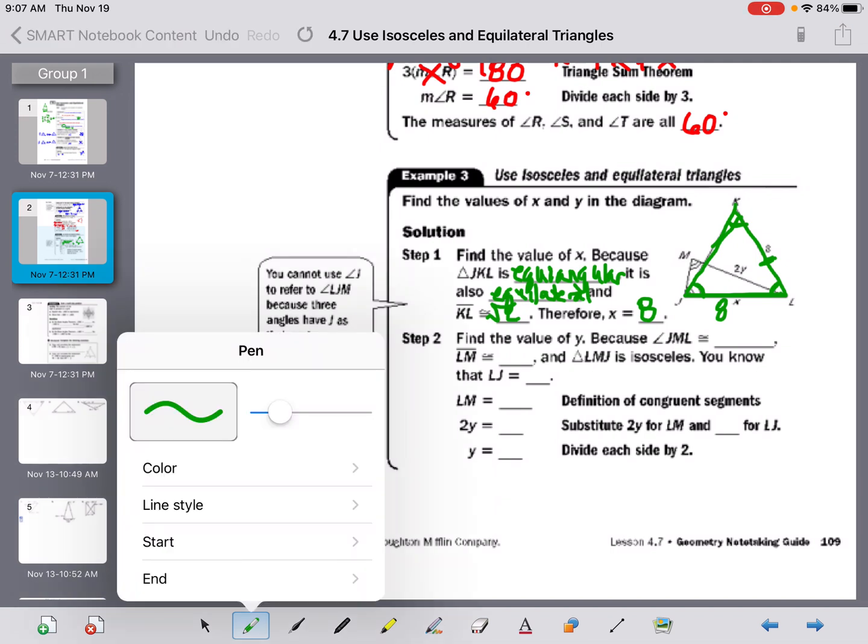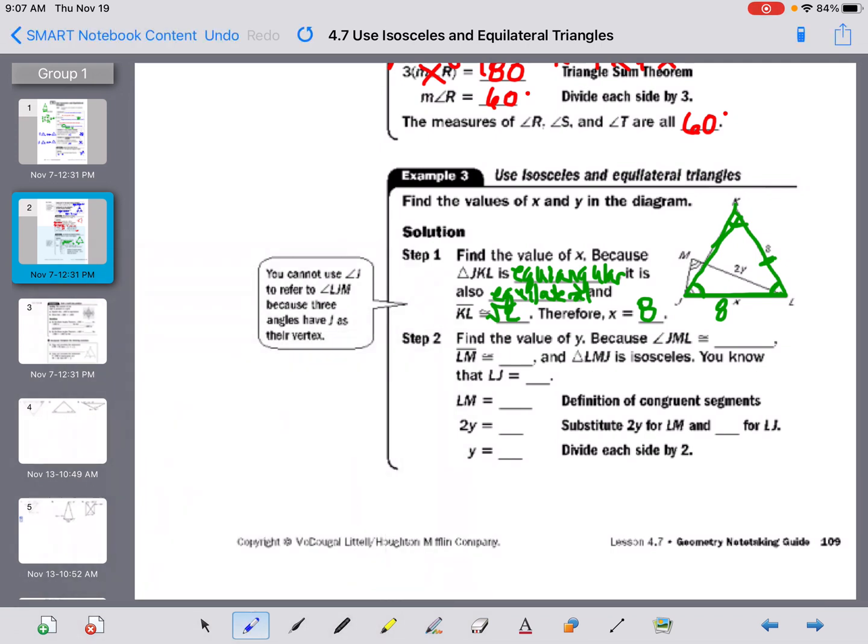Now let's switch triangles because we need to find the y. Down here, this triangle right here now I'm looking at. That 8 still belongs to it, but notice I have 2 little marks here and 2 little marks here. So if 2 angles are marked, then I know that I have congruent angles. JML is the one on the top, so MJL is the other one.